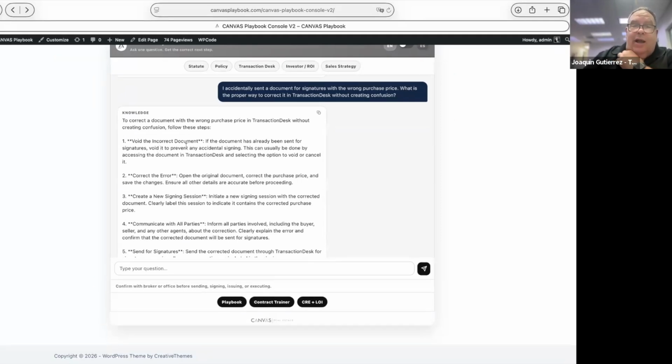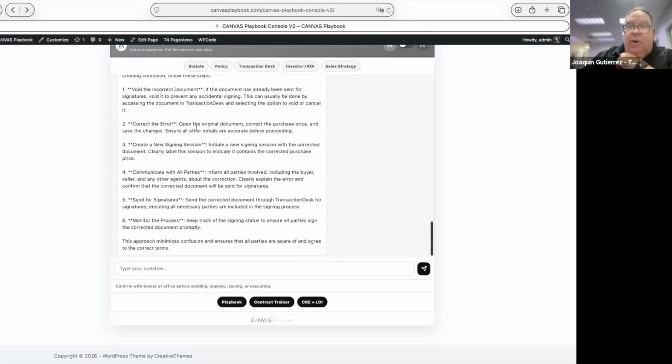Void the incorrect document. If the document has already been sent for signatures, void it to prevent any accidental signing. This can usually be done by accessing the document in TransactionDesk and selecting the option to void or cancel it. Correct the error. Open the original document, correct the purchase price, save the changes, create a new signing session.